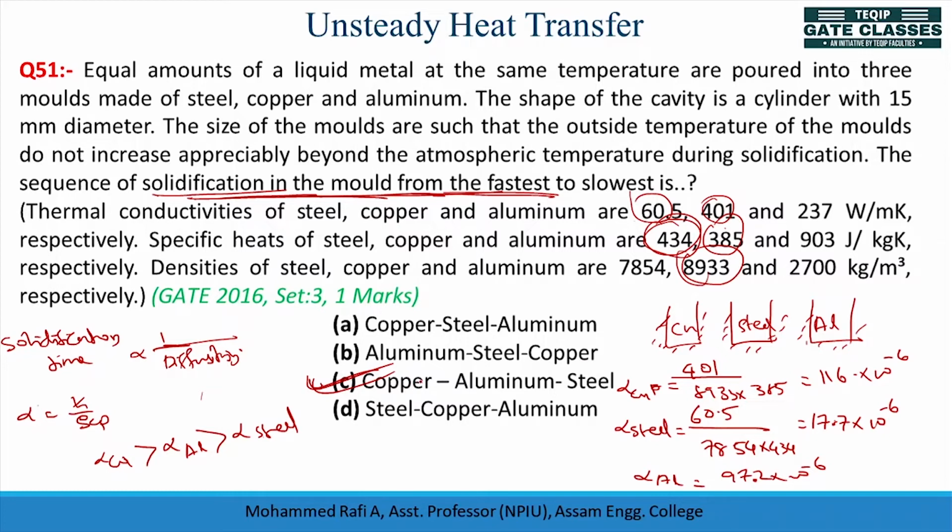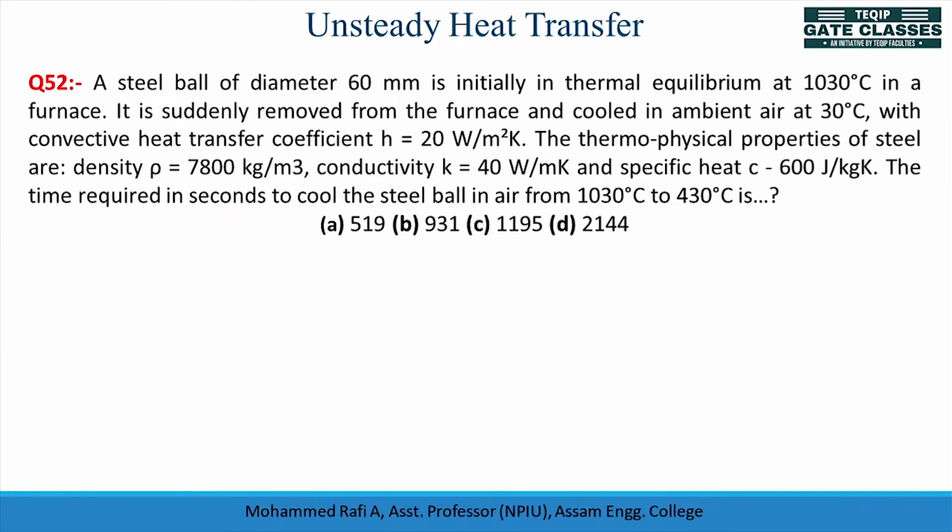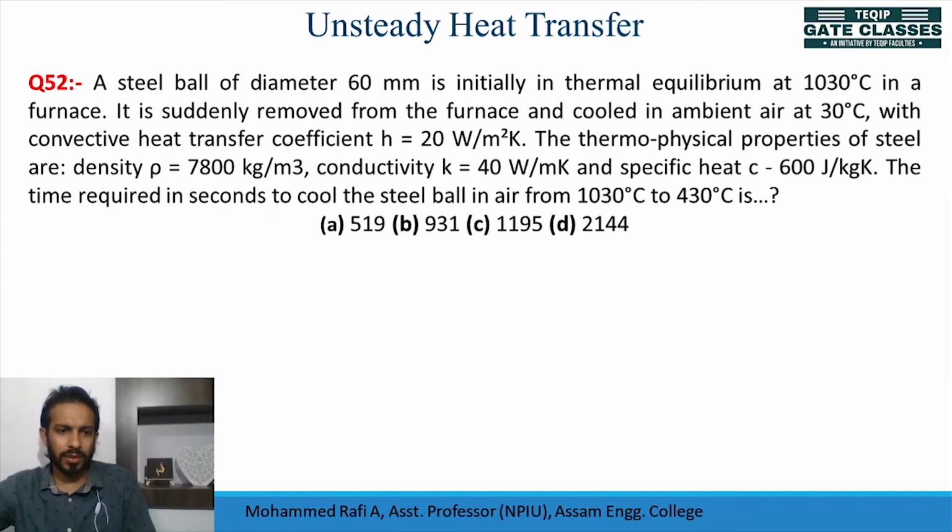Okay. So let's move on to the next question, which is also similar to whatever we have discussed in the previous slides. So let's try to solve it. In this question, a steel ball, similar to the previous case, is a sphere initially in thermal equilibrium. Let's identify what are the Ti, the T infinity, and the T value.